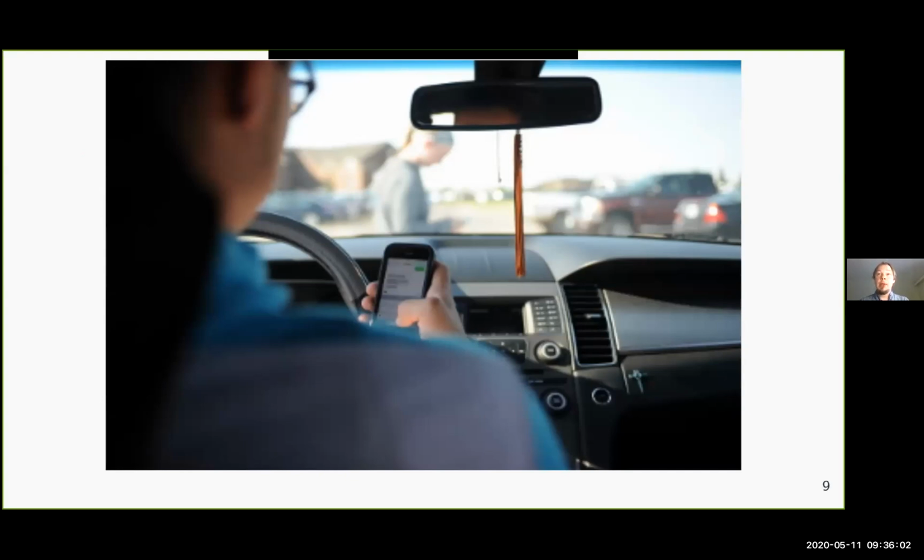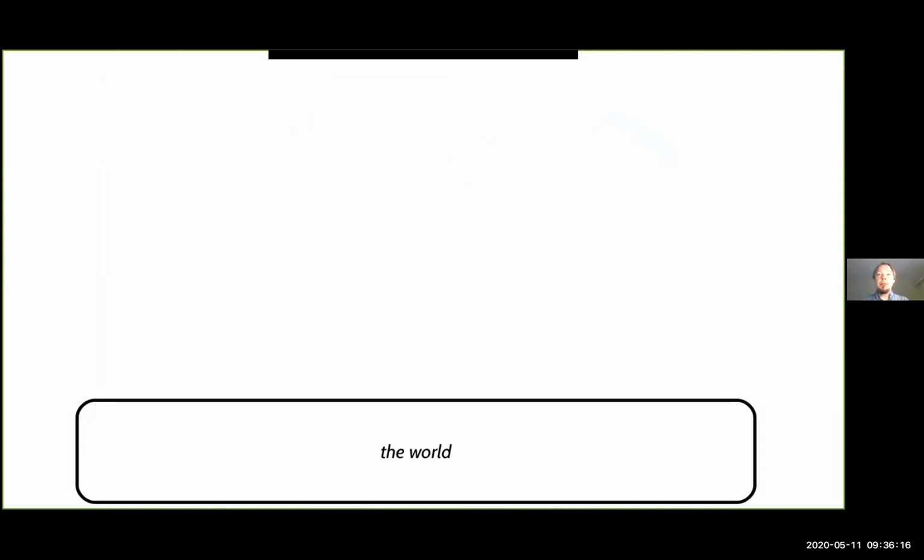This device requires vision. It can be reading a text message, or perhaps it could be searching for some item on an in-car navigator display. So we specify the world, and the world may consist of the driving environment and the in-car device.